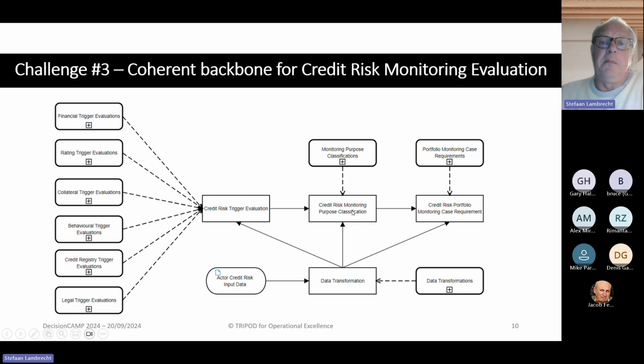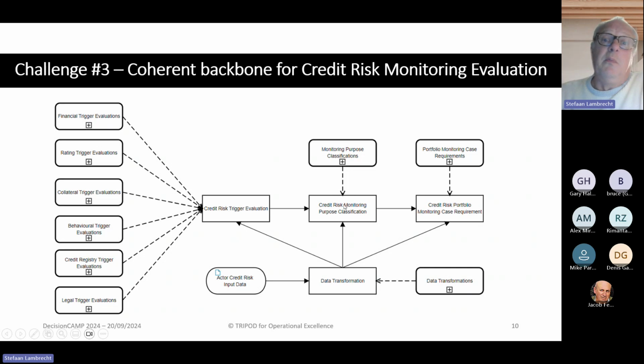monitoring purposes. I'm coming back to that later on, which is in fact different degrees of actions that might need to be taken by the bank based upon the evaluations that are here. And every trigger is either a hard or a soft trigger for one or more of the purposes that we find here.